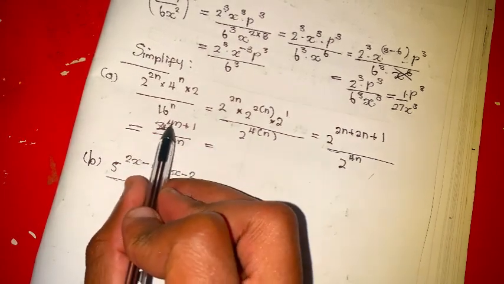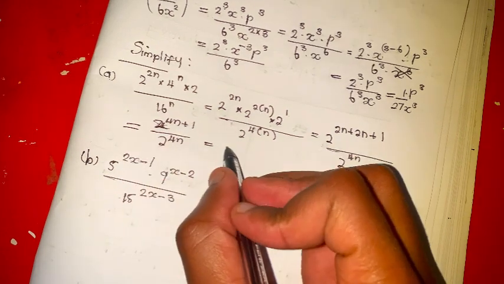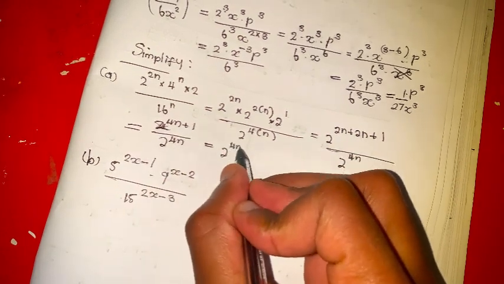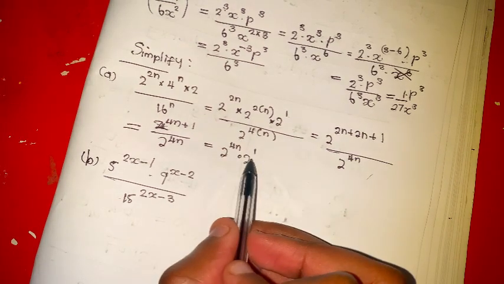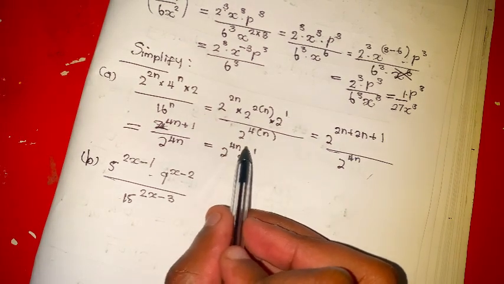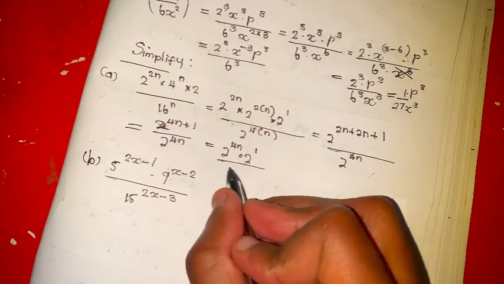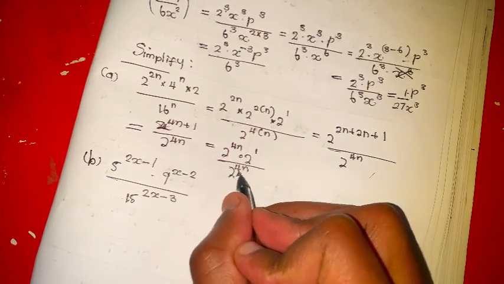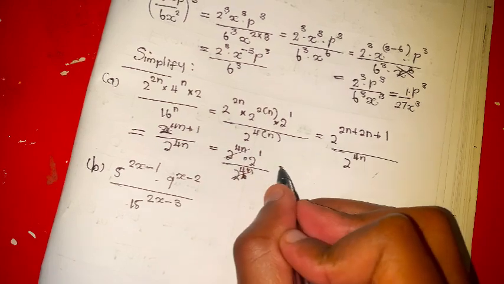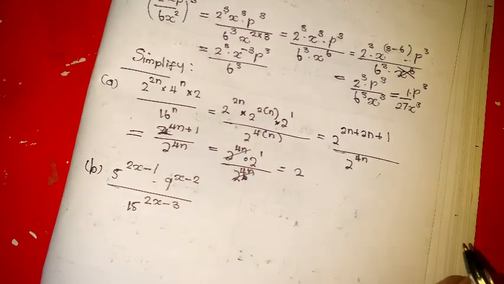So we know that 4n plus 1 can be expressed as this, because when you multiply this and this, you add the exponents. So you have 2 raised to 4n. So this will cancel this, and your answer is 2.